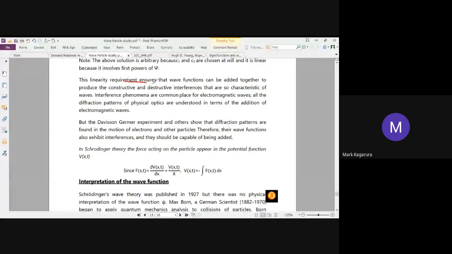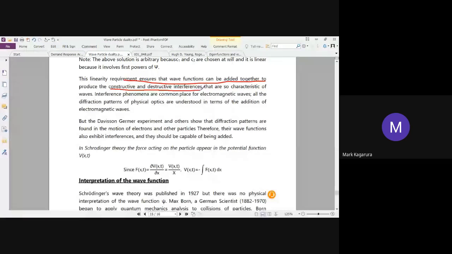This linearity requirement requires that the wave function can be added together to produce constructive and destructive interferences. So you have a particle and then wave, and then you have a particle. So you have the three scenarios.